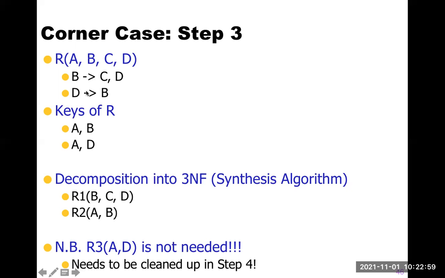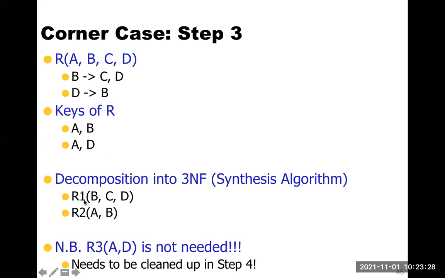And then I convert this to a table. DB is already in the first table. B and D are already here, so I don't need to create another table. And then I need to create tables for AB and AD. And if I create such a table for AB, then AD I don't need to create, as it will be cleaned. So the result of the synthesis algorithm is this.